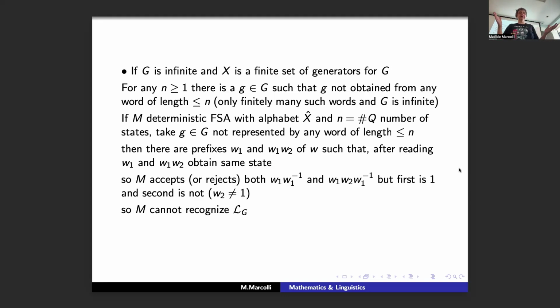And if you have a finite state automaton that has only your set of states, and no additional memory, so the only information you can store is where you are in your set of states, then there's going to be two words with two different prefixes for which you end up using the same state to code them. So this means that you're going to have at least an element that is not one, and that would be computed as if it were in the language. So your language doesn't correspond to the word problem for this group.